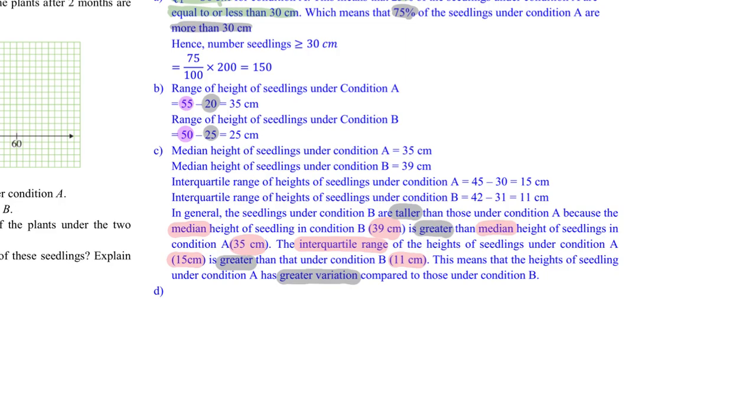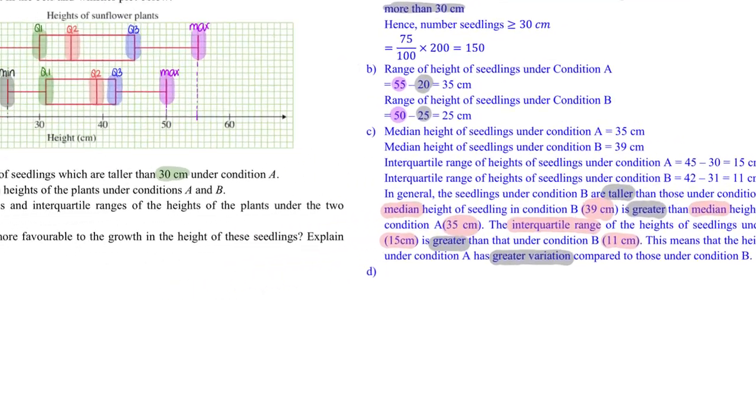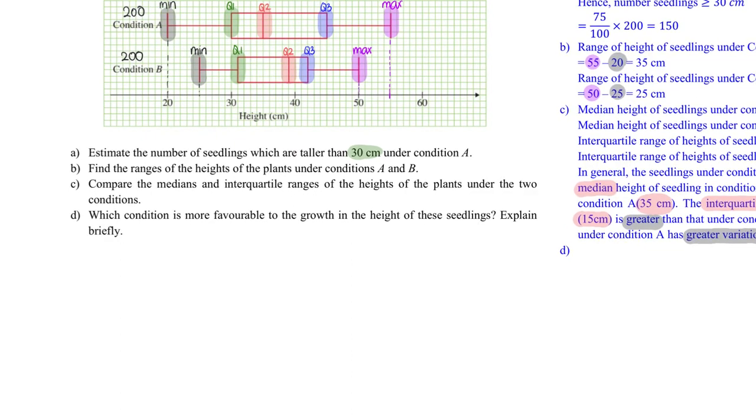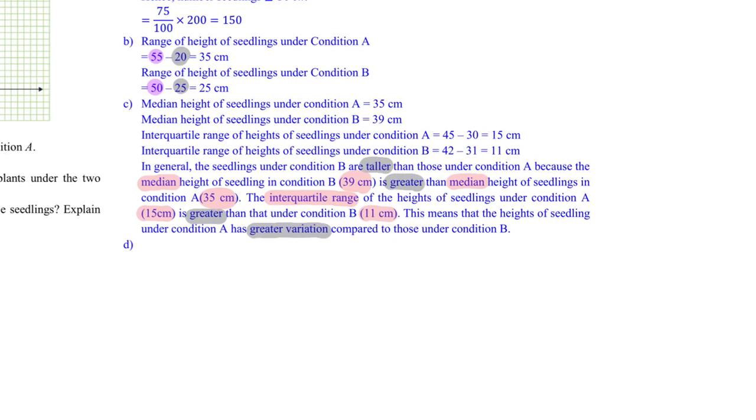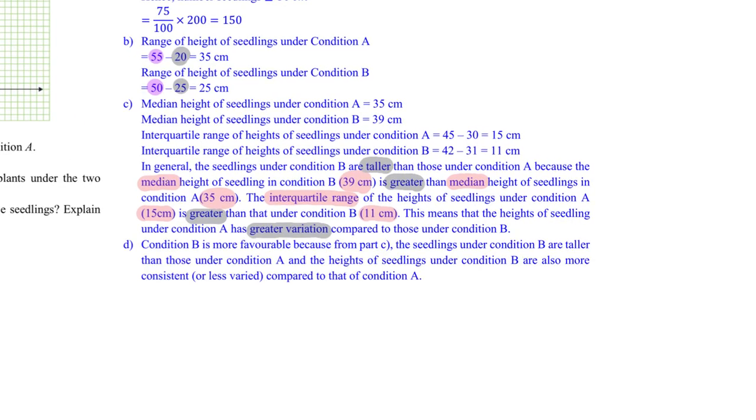And if I go back to the question for part D, which condition is more favorable, that means better? Well, looking at the answers for part C, then I can just easily decide already. Condition B is better because of two things. It is taller.